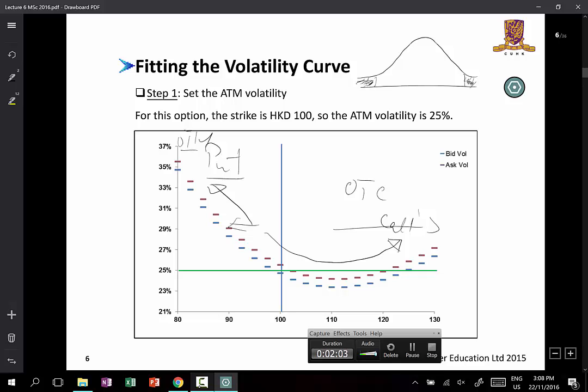The way to do that first is at the point where it's exactly at the money, you first determine what the slope is, and then it's really just trying to retrofit using very simple parameters. And of course you can see the volatility is not a straight line, it's some kind of curve, so you got to apply some curvature to it here and here.